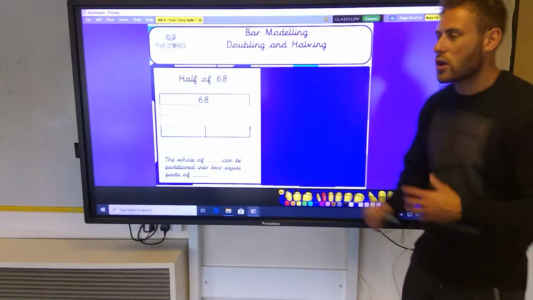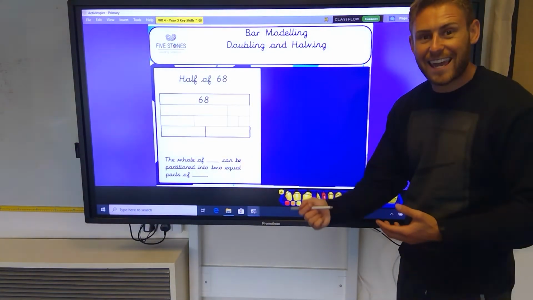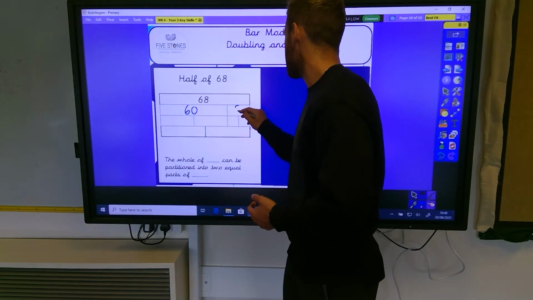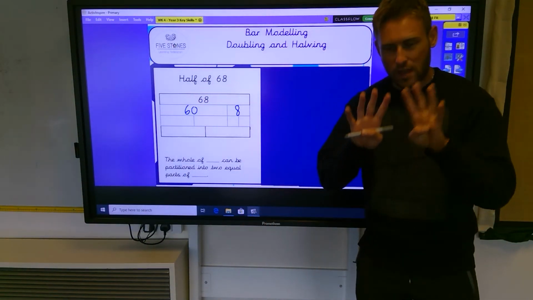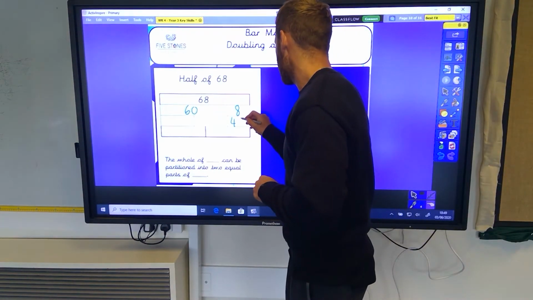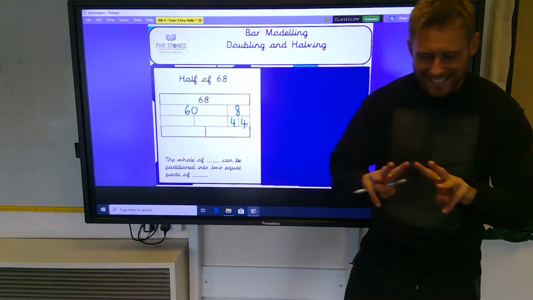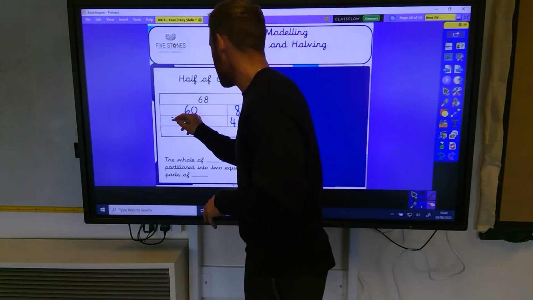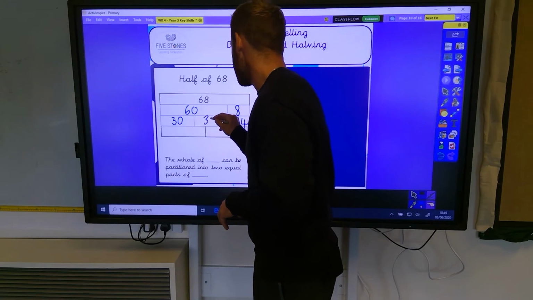So our next half, we're going to partition 68 into 60 and 8. We can half 8, yes, 4 and 4. Half of 60, 6 tens, 3 tens and 3 tens. We know 3 tens is 30.